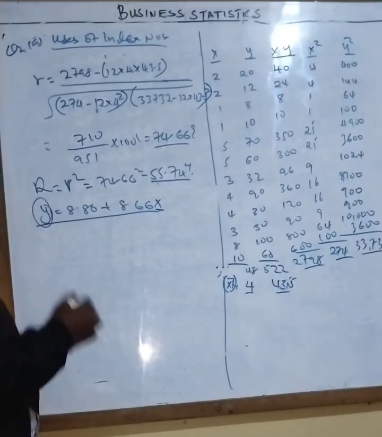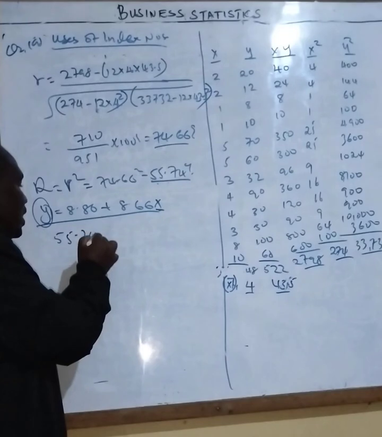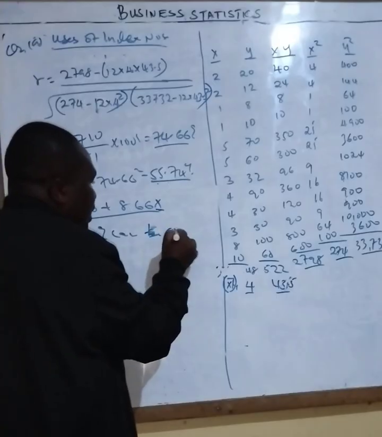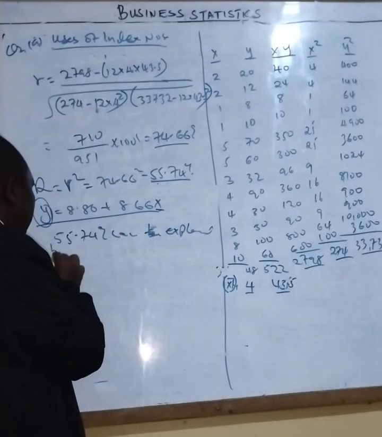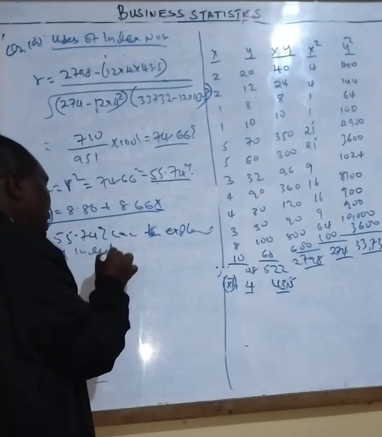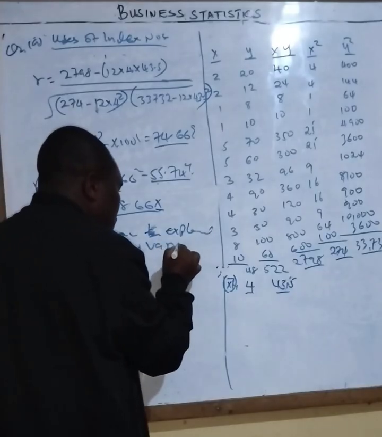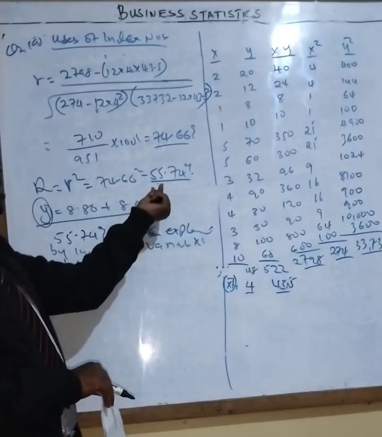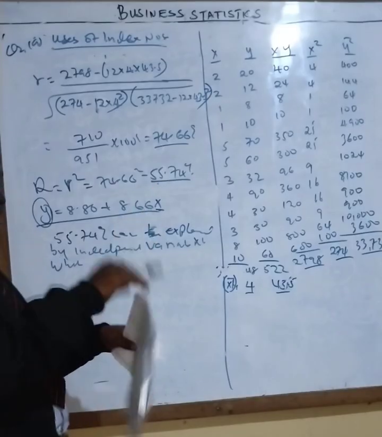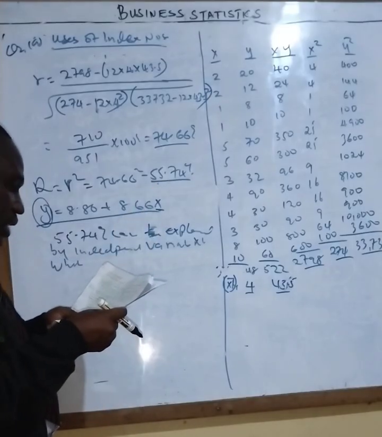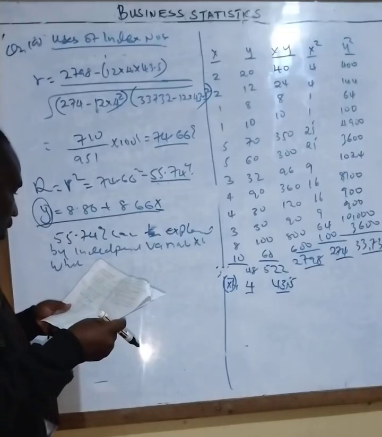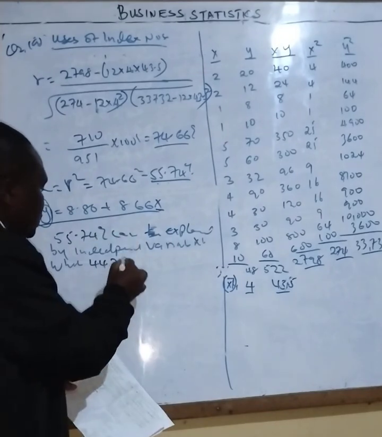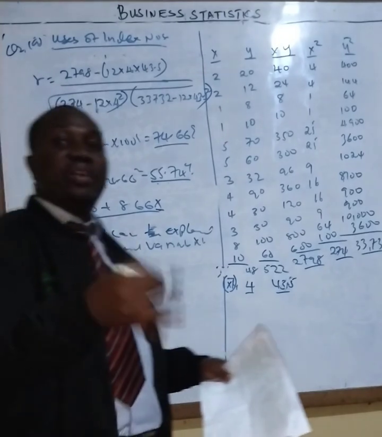Therefore, the interpretation will be that 55.74% can be explained by the independent variable x, while the remaining percentage, because remember there is one that cannot be represented in that case, is about 44.26%, which can be explained by other factors.